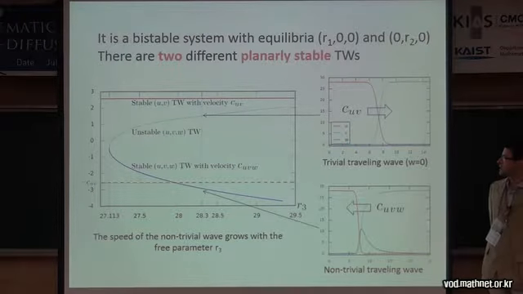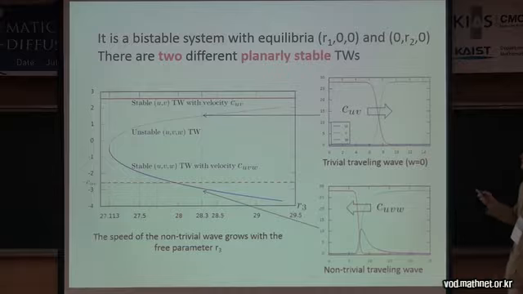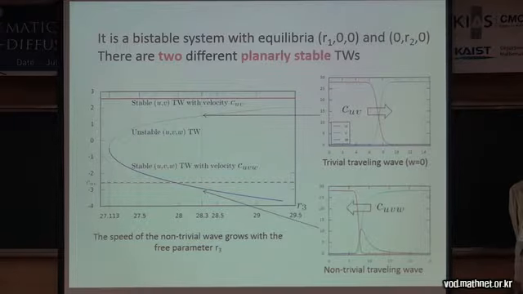We have a stable trivial traveling wave where W is absent, and this is exactly the same wave that appears in the symmetric wedge-shaped traveling wave. And then we also have a new traveling wave in which W is present, which moves in the opposite direction with respect to the trivial wave.